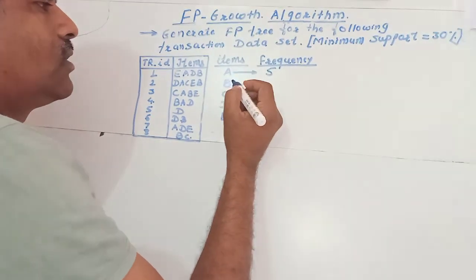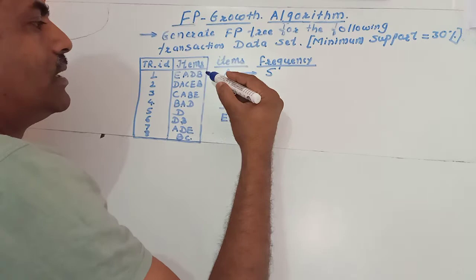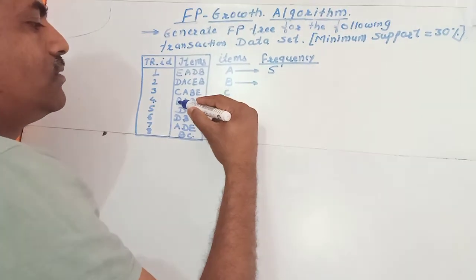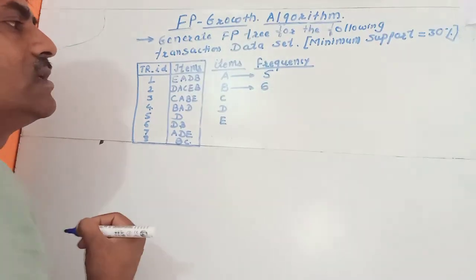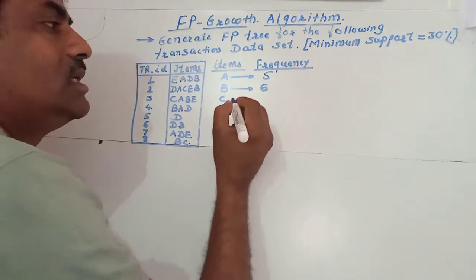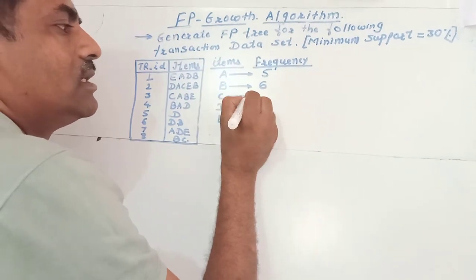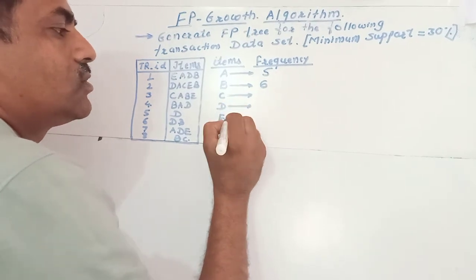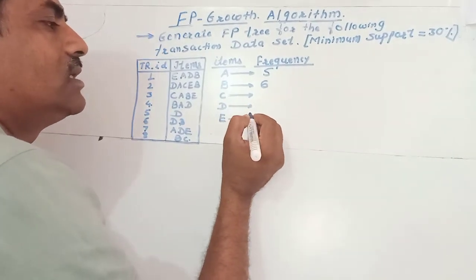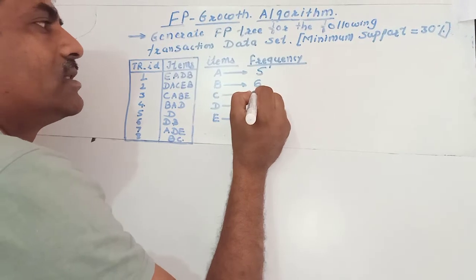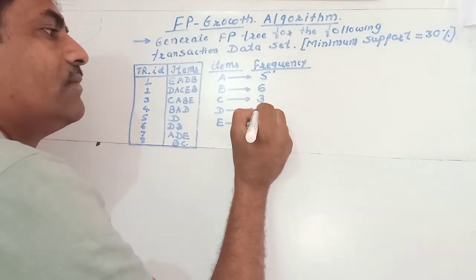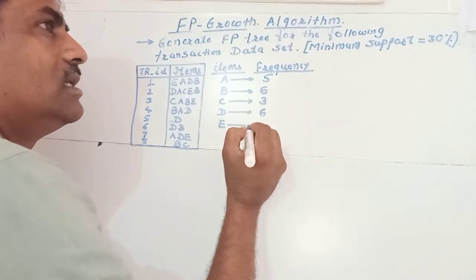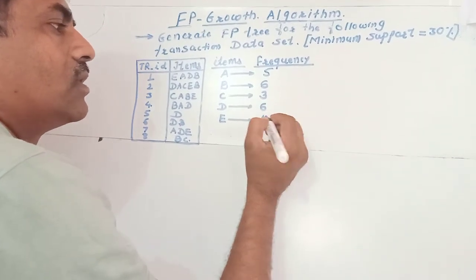Similarly, check how many times B has occurred: 1, 2, 3, 4, 5 and 6. So the frequency of item B is 6. Similarly, count the rest of the frequencies. C has frequency 3, D has frequency 6, and E has frequency 4, right?